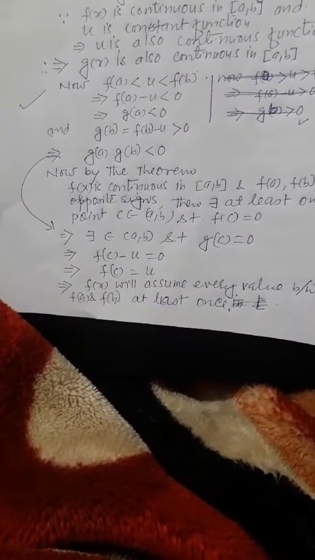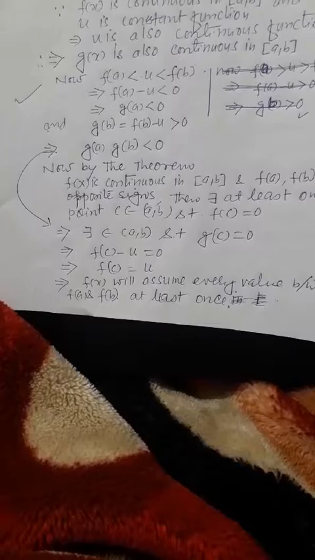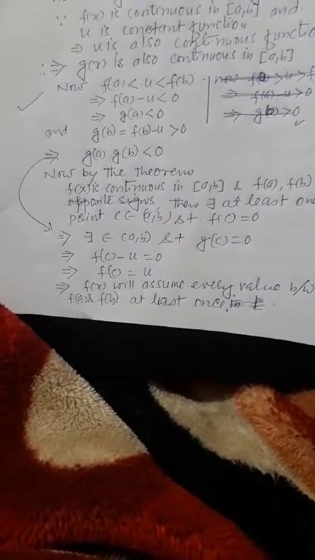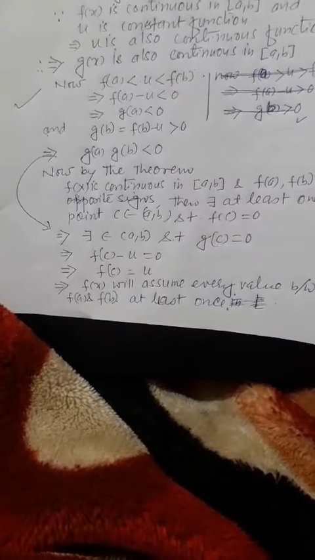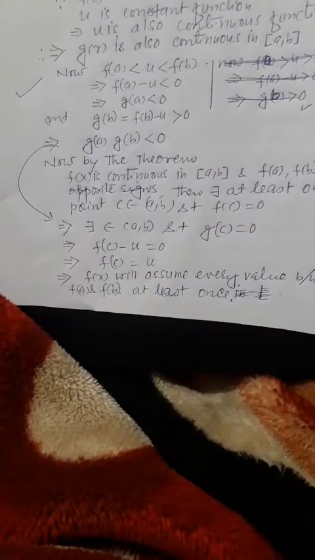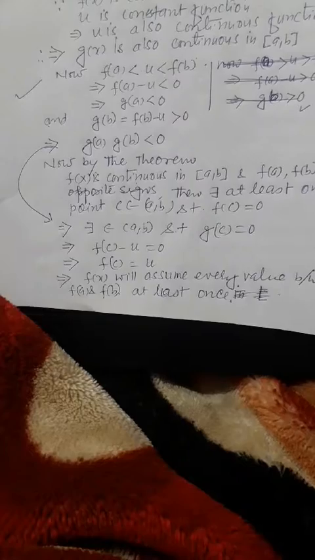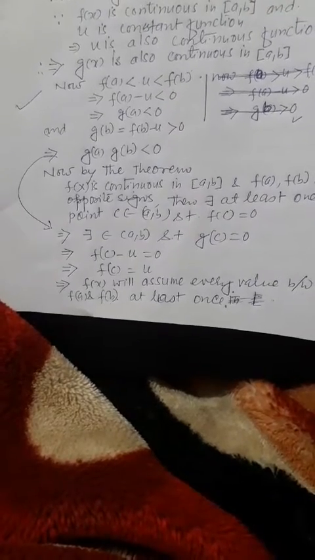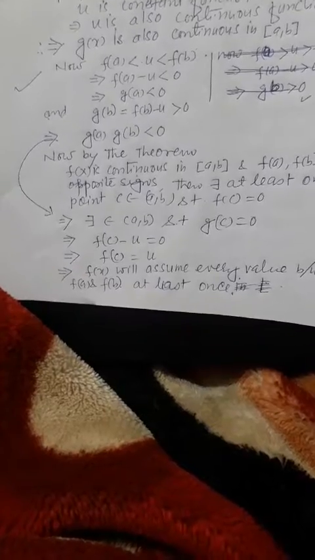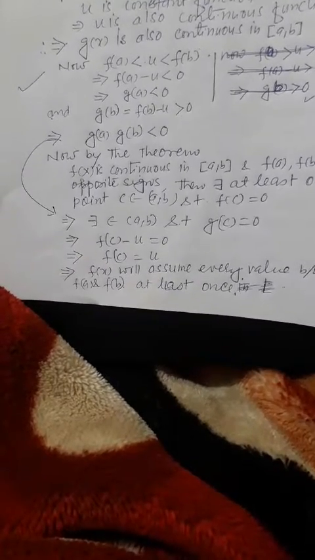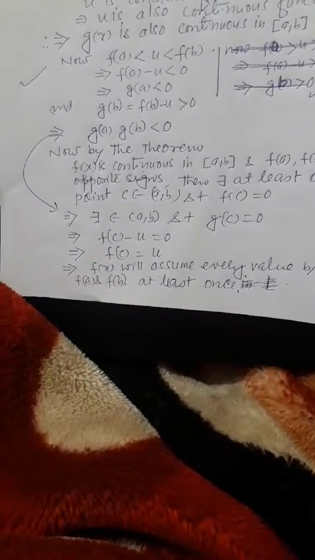So since g(a) g(b) < 0 implies that there exists a point c belongs to (a, b) such that g(c) = 0.